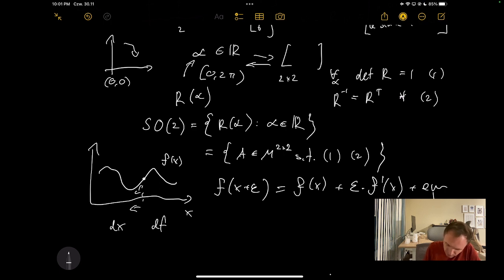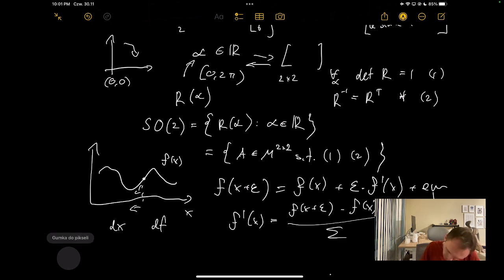I could just rearrange terms and say this, plus error, and the error is negligible as epsilon goes to 0.